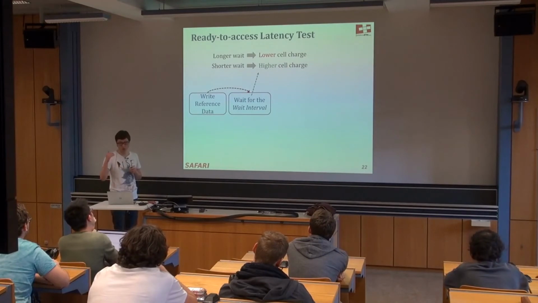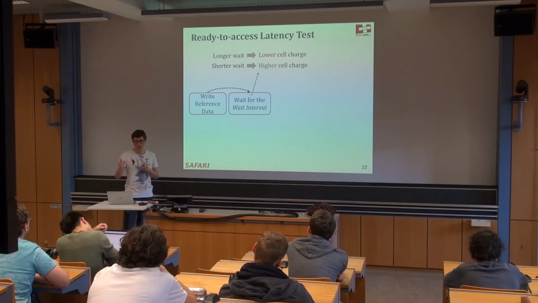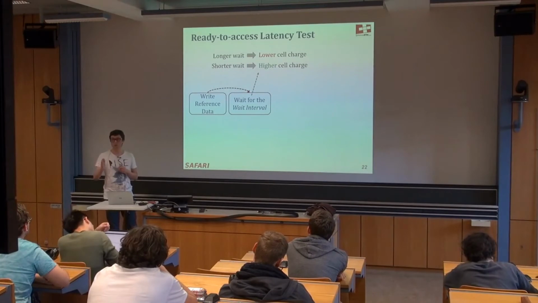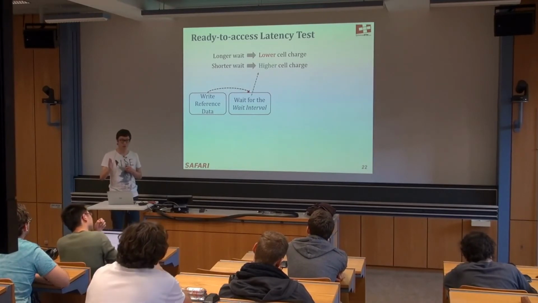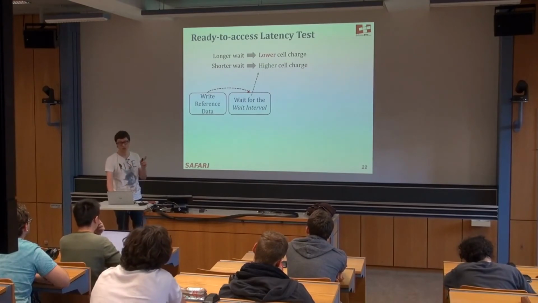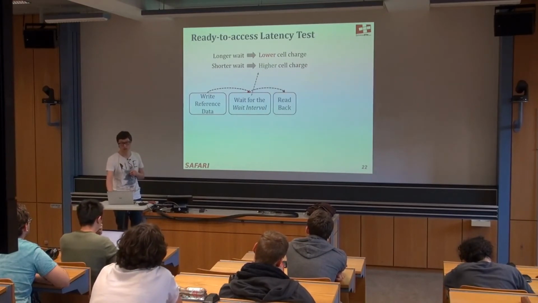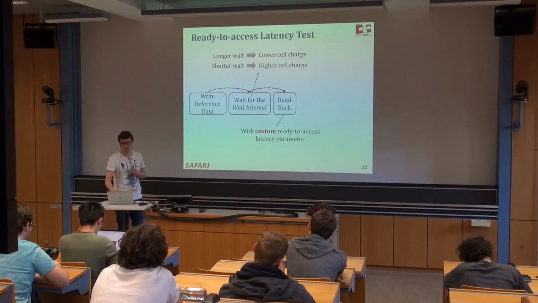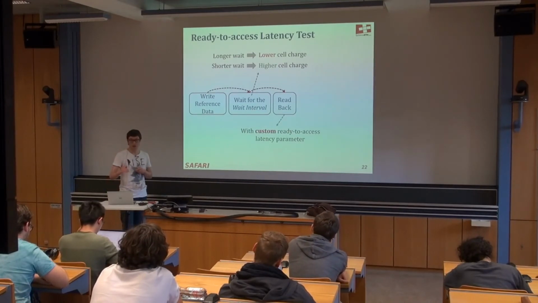If we wait for a lot of time, the cells will contain a smaller amount of charge. If we wait less, they will be highly charged. We sweep this to see what happens when we read back the data by sweeping the ready-to-access latency parameter, tRCD.